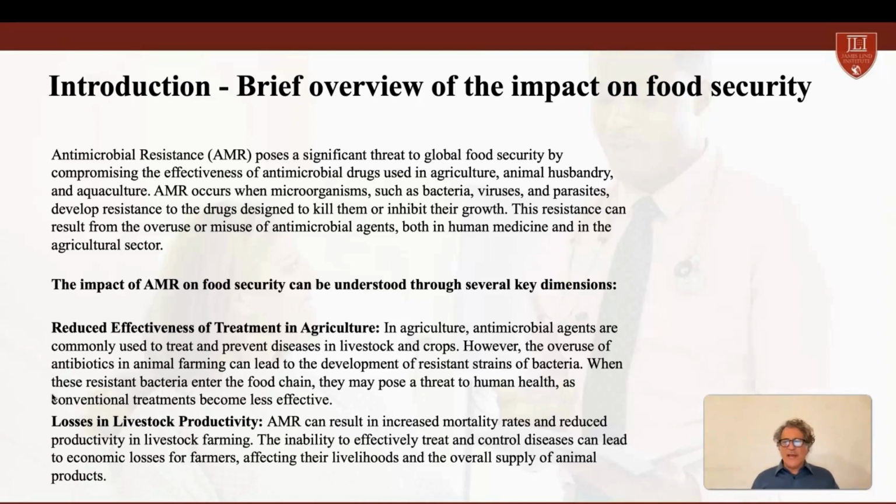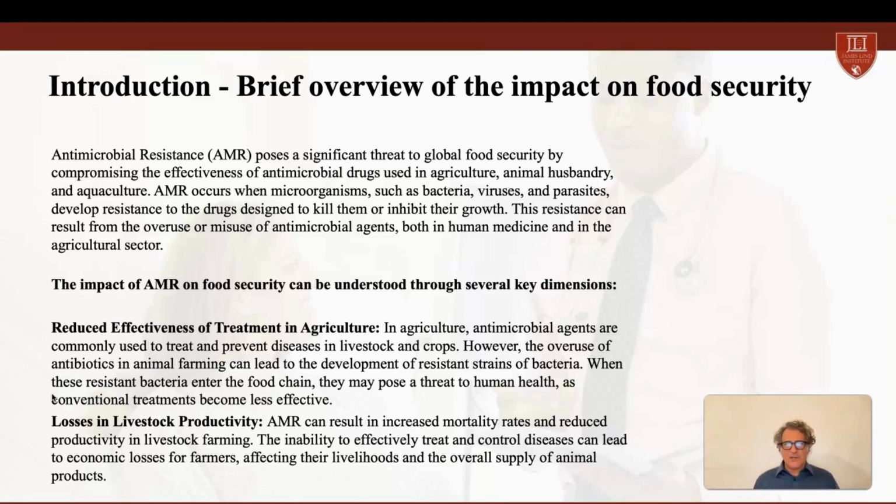So let's have a look now, because we just made an introduction on how these viruses can be transmitted from animals to humans, how they affect the public sector, and how this is not just localized at national level, but is a global problem.